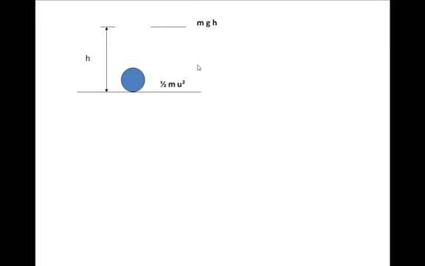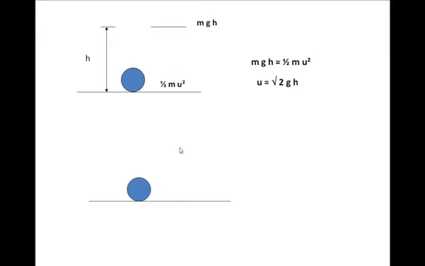In an ideal situation, if we assume there is no other loss of energy, then this mgh has to be equal to half m u square, telling us that u is equal to root 2gh. So you see the height through which it falls and the velocity it achieves is related by this, u is equal to root 2gh.